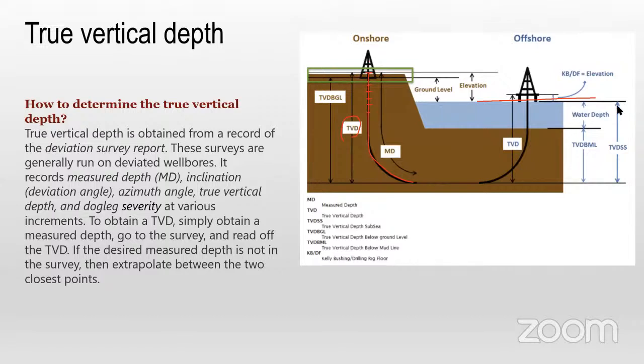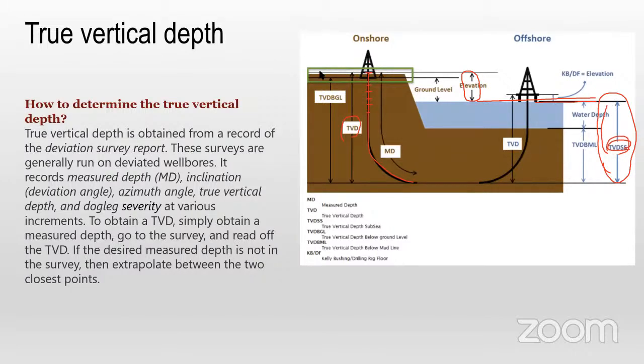This is the TVD subsea, the depth of the intervals to the mean sea level. The structure map is created based on this depth. So if you want to prepare a structure map, you must know the elevation or mean sea level. And after that, they can create it, because it has a reference.